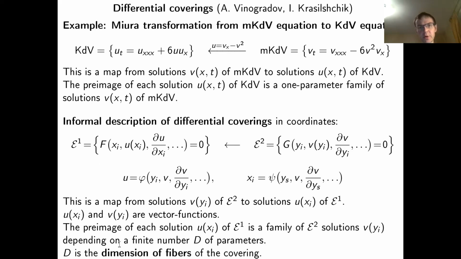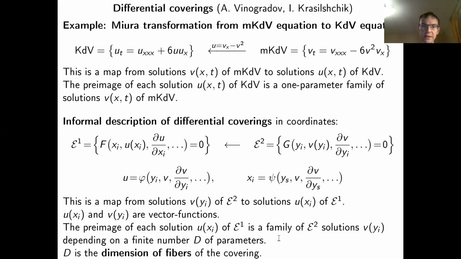And another property similar to the above example is the following: if we fix a solution u of E1 and study its pre-image under this map, this pre-image is a family of solutions of the PDE E2, a family depending on a finite number d of parameters.